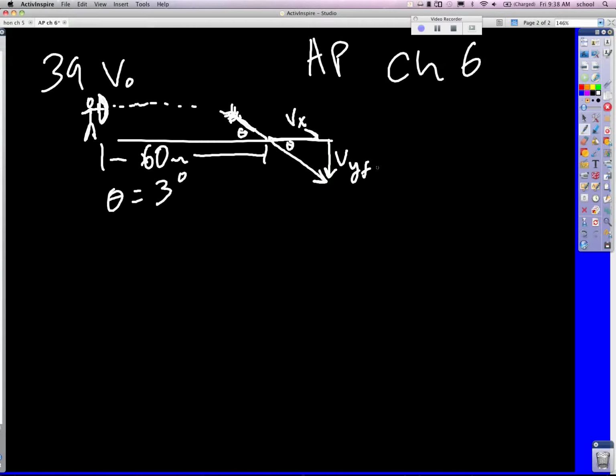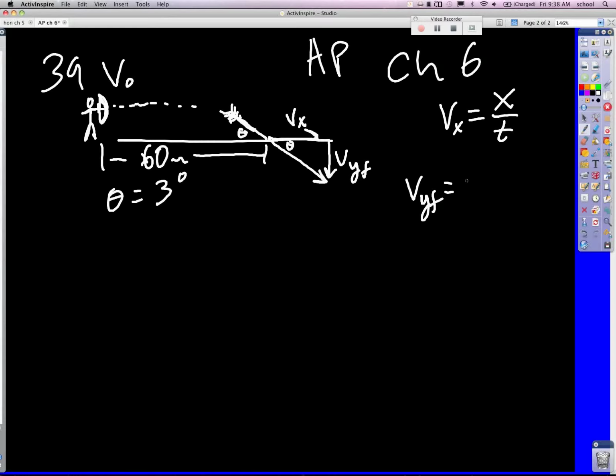Okay, and now I'm just shooting stuff out here. We know that Vx is constant, so that's going to be x over t. What else do we know? We know that Vy final comes from, we're assuming that Vy0 was 0, right?